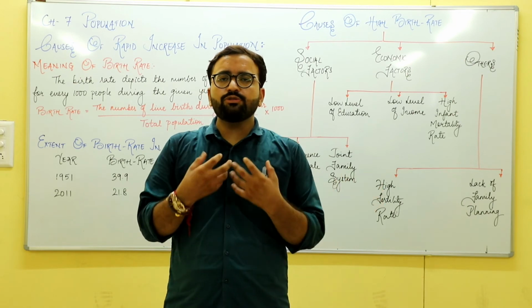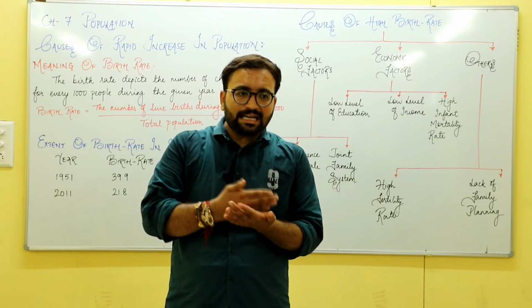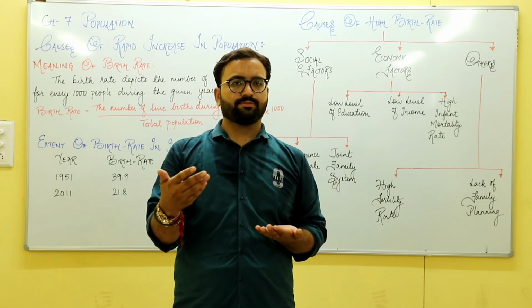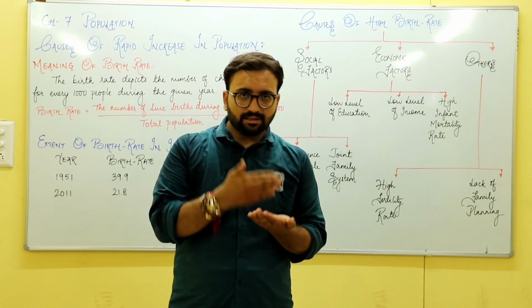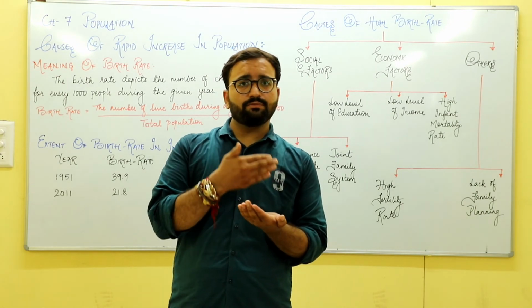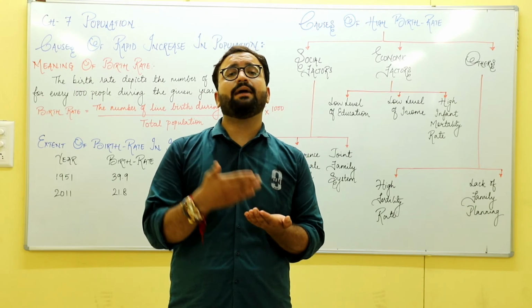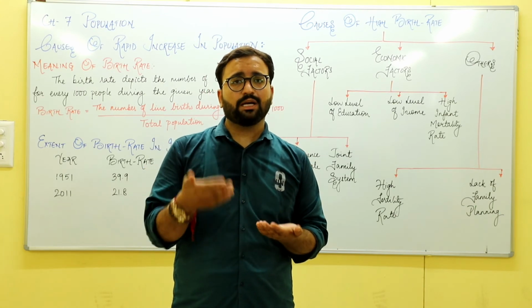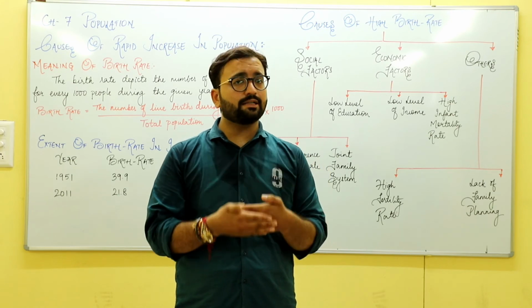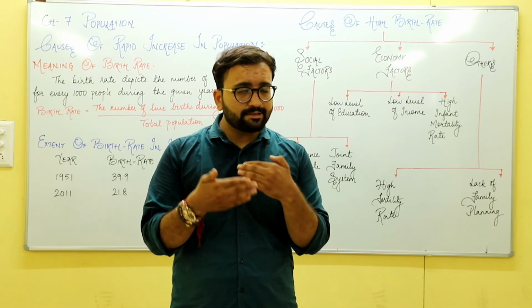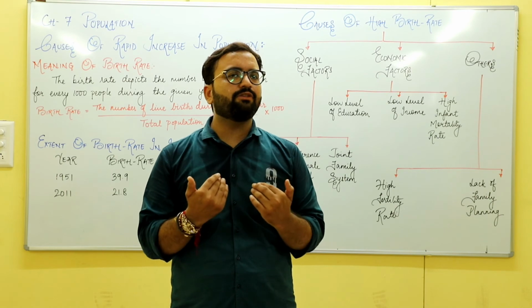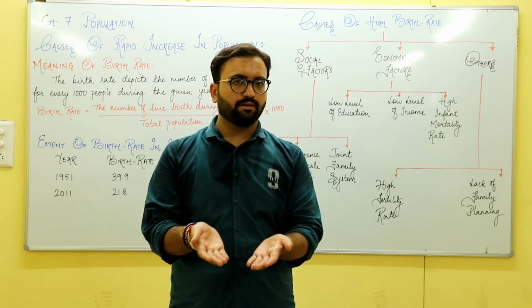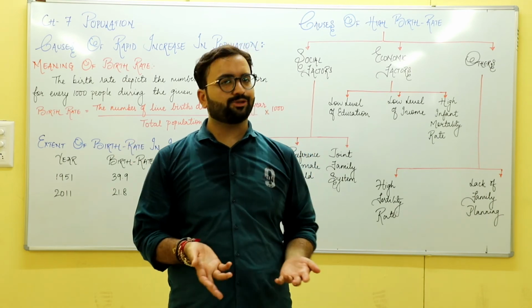So we should start raising the age of marriage. Instead of asking a female to get married at the age of 18, we should ask a female to get married at the age of 21, or later on, 21, 23. Ultimately the fertility rate decreases. If the fertility rate decreases, fewer children will be born in that particular family, which will again decrease the population of India.